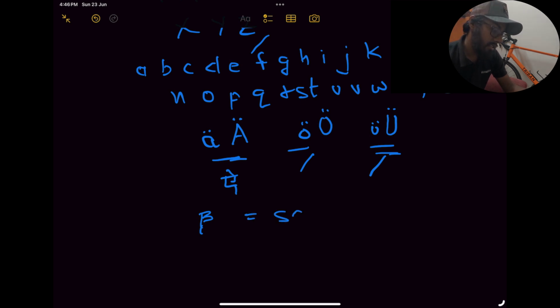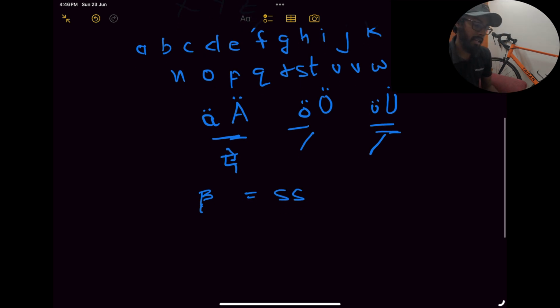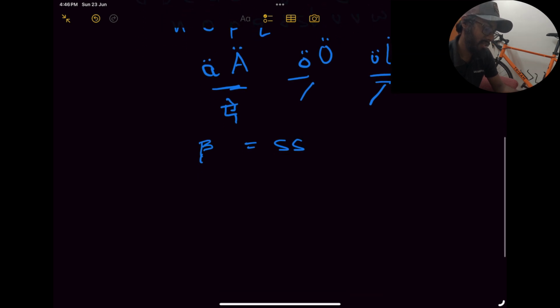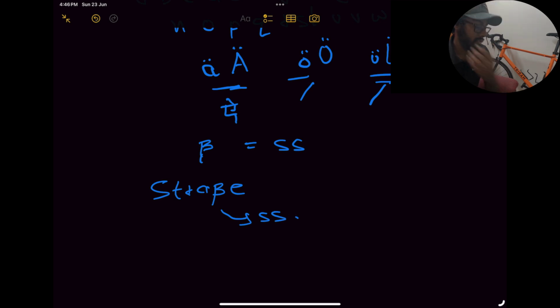And apart from that, you have this doppel S, which is kind of beta. It is like this: doppel S. Doppel means double, and S, this S of the English or German, whatever. You have some of the words with this, like Straße. So this is doppel S. Straße, streets.